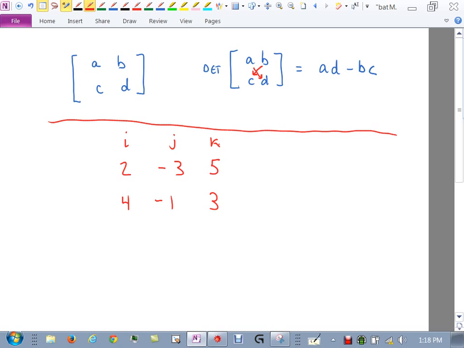So the first thing we're going to do is determine what our i's are. To do the i's, if you're writing it on your page, you put your finger over the i column, and you do the determinant on this 2 by 2 matrix. So cover that up and do this determinant.